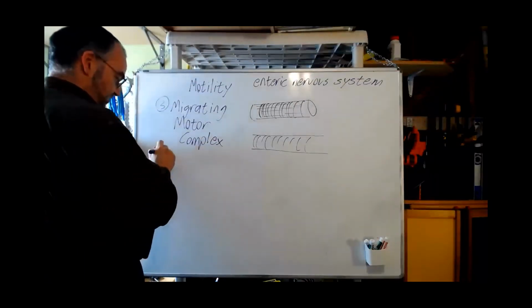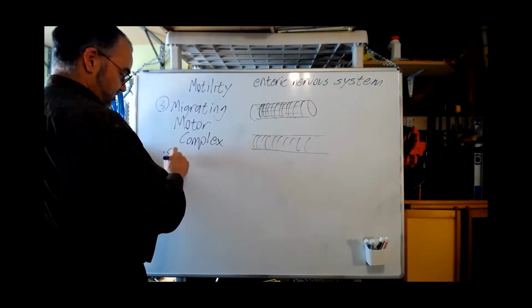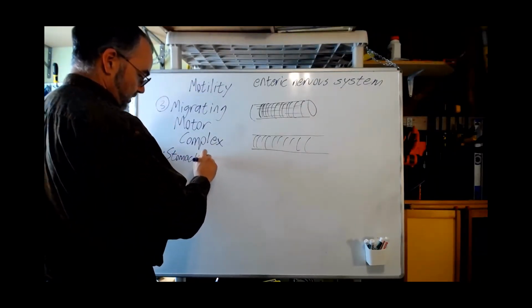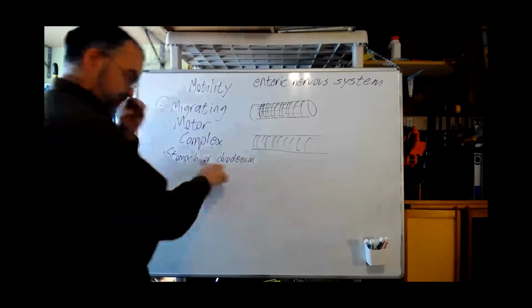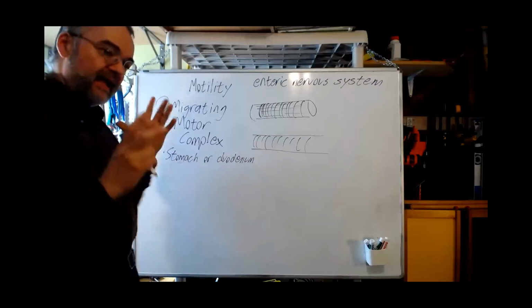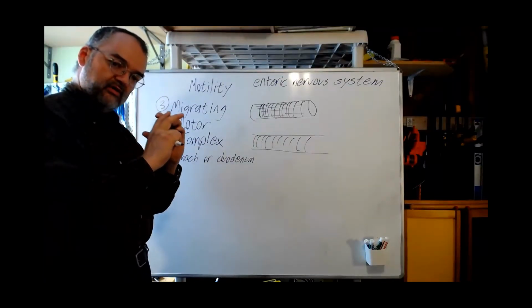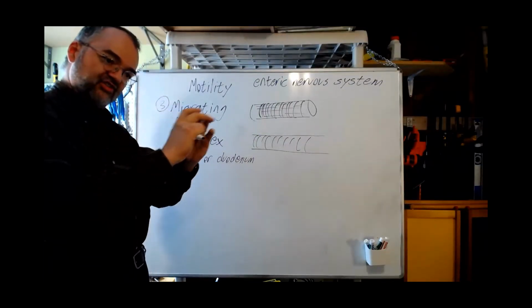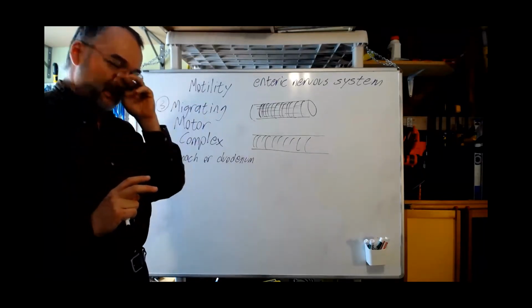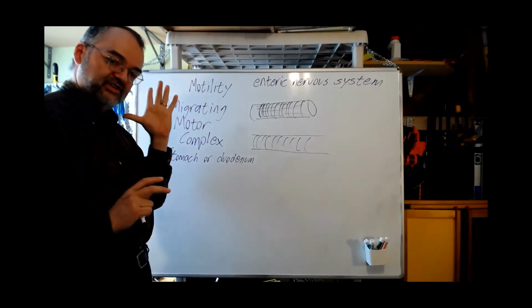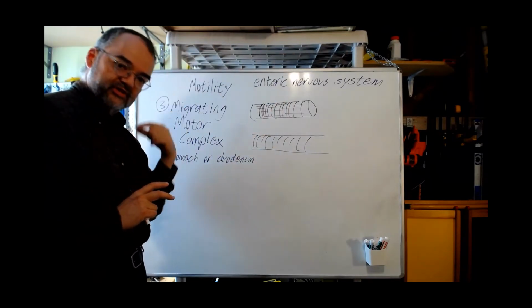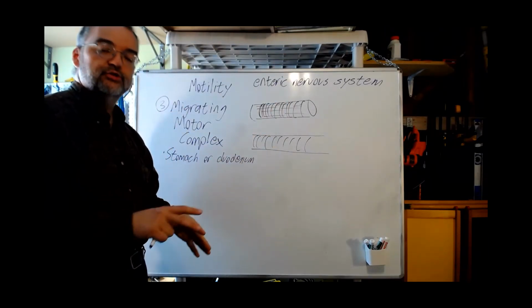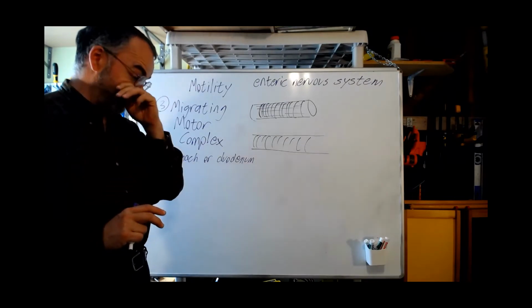So the migrating motor complex starts in the stomach usually, or maybe the duodenum. It's a slow sort of wave of contraction, sort of like a peristalsis, that travels from the stomach or duodenum, wherever it begins, all the way through the small intestine, up to the large intestine, although it does not go into there.